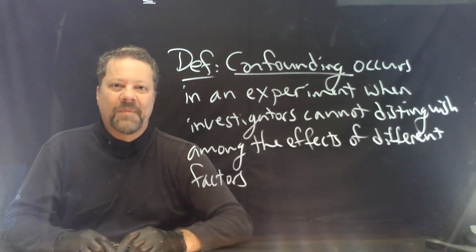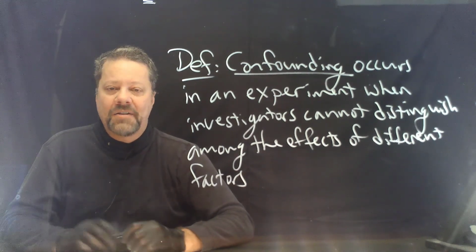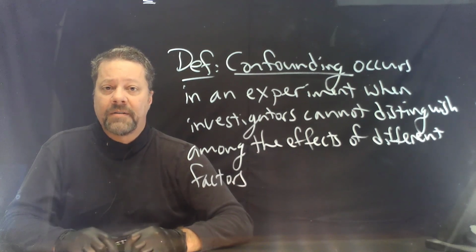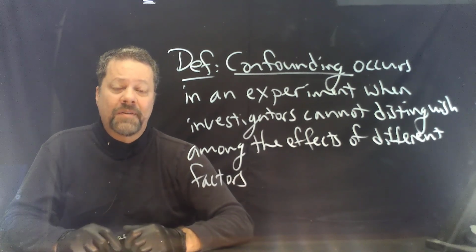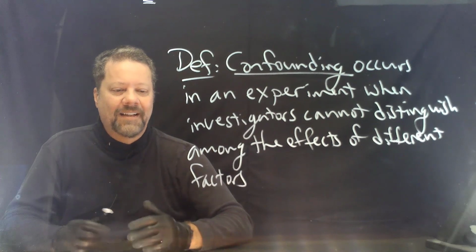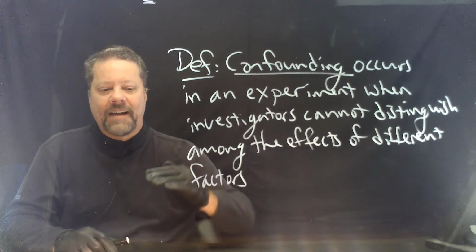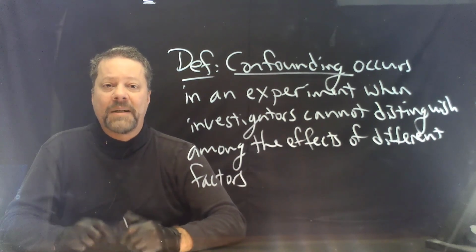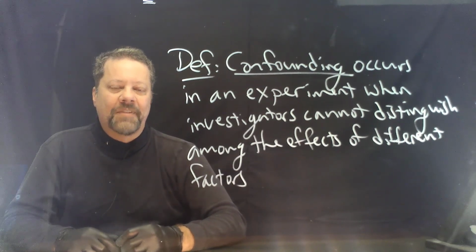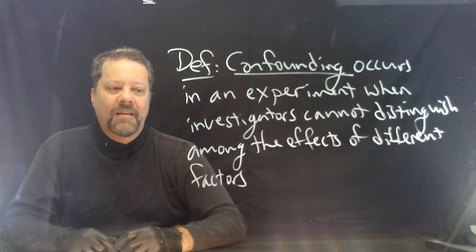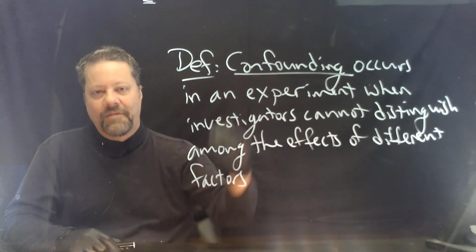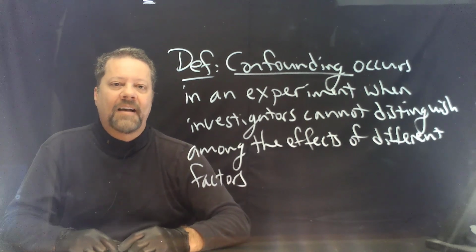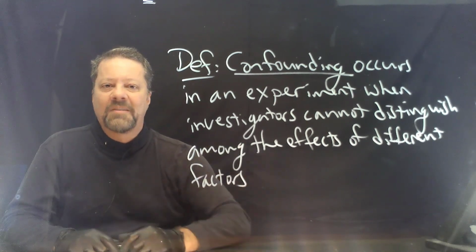As an example, suppose you have an educational experiment where the experimental group consists of fourth graders and the control group consists of third graders. In this case, just the fact that there's a grade difference between the different subjects means there could be a big difference in the outcome of the experiment. Was the effect on the fourth graders caused just by the fact that they were in fourth grade and not by the experimental treatment being applied?